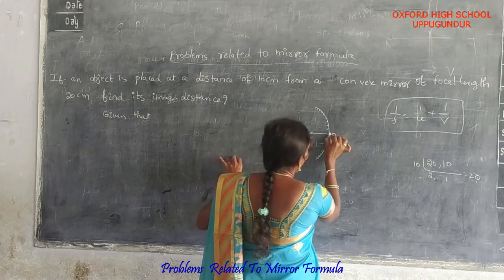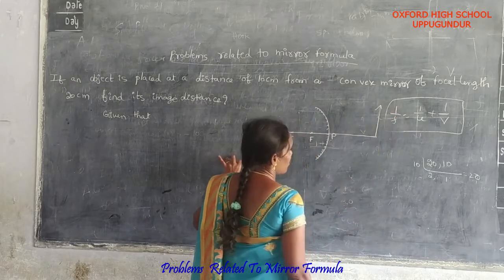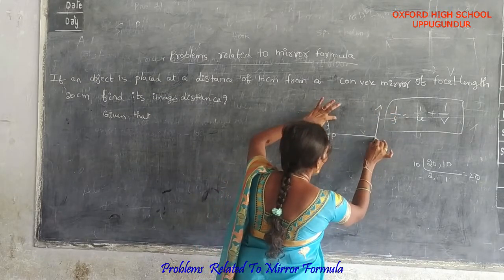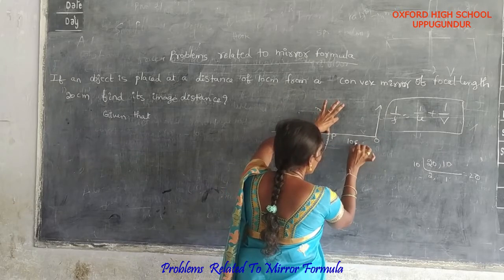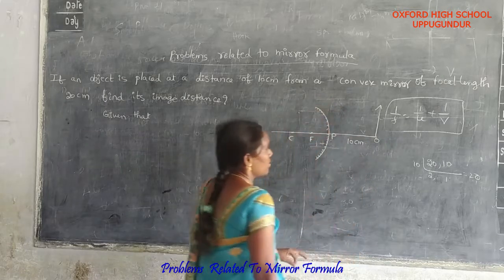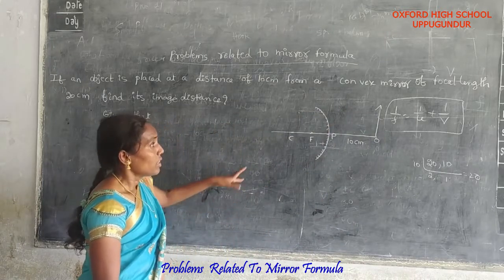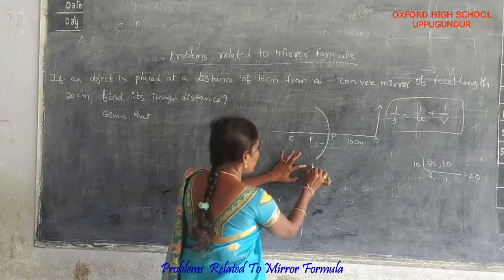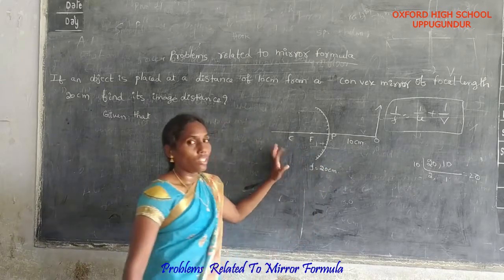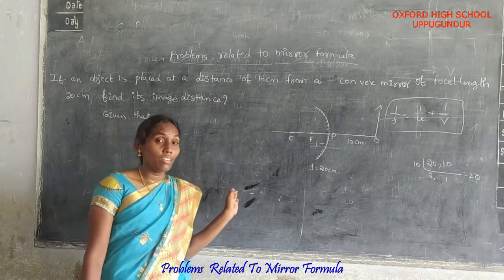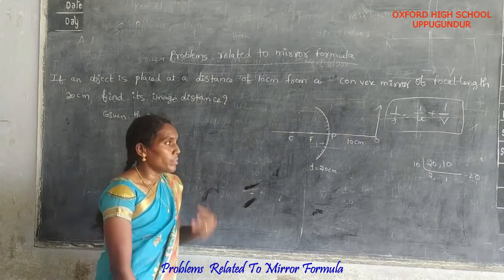For example, this is the object. The distance from pole to object is called the object distance, that is 10 centimeters. The focal length of this mirror is 20 centimeters. Find out its image distance. That means where the image will be formed, or what is the image distance.